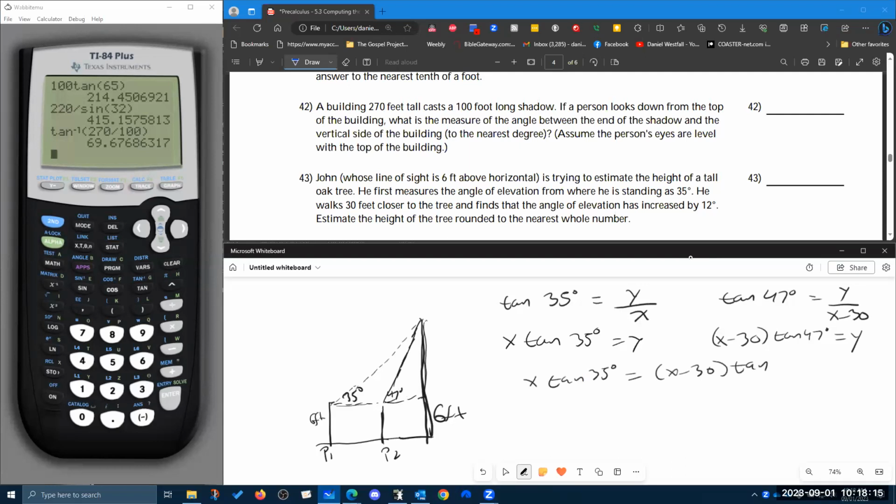So let's go ahead and get our x's together. Use the distributive property here.